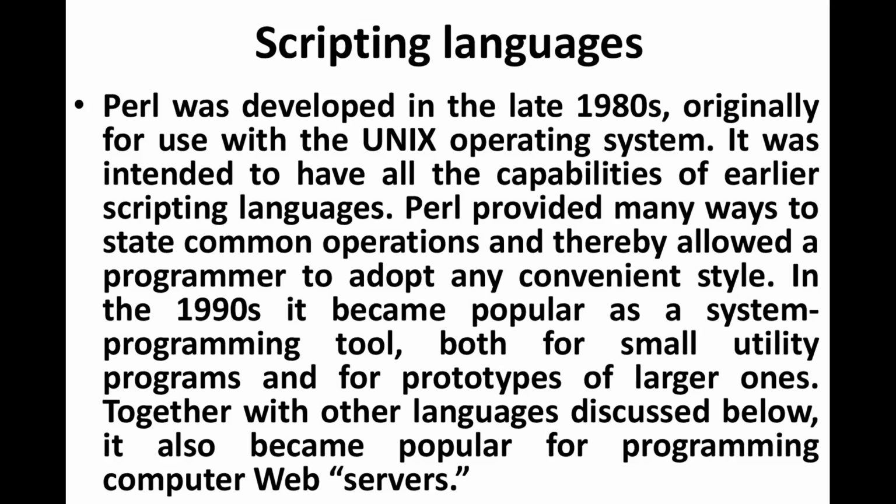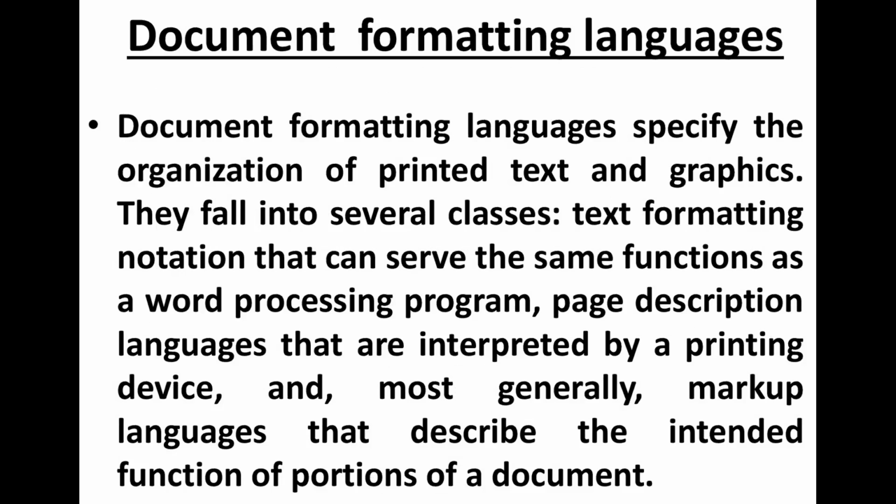In the 1990s it became popular as a system programming tool, both for small utility programs and for prototypes of larger ones. Together with other languages discussed below, it also became popular for programming computer web servers.